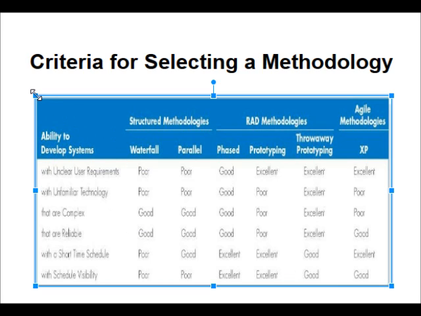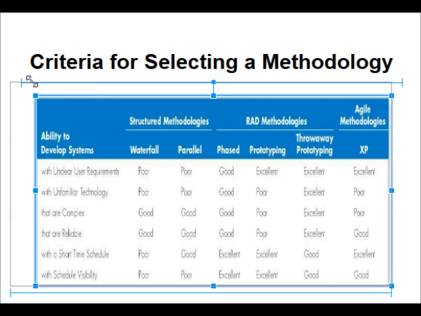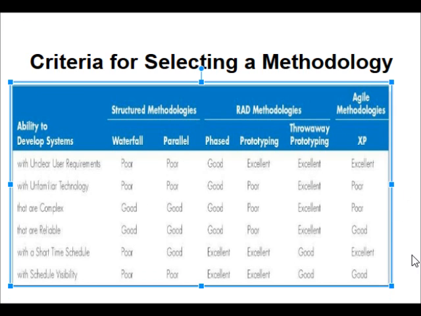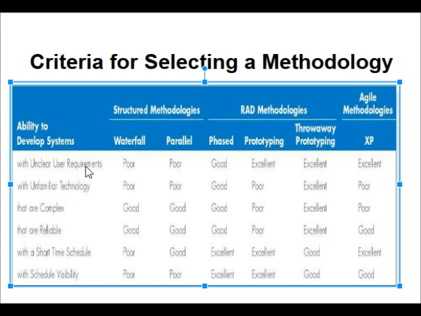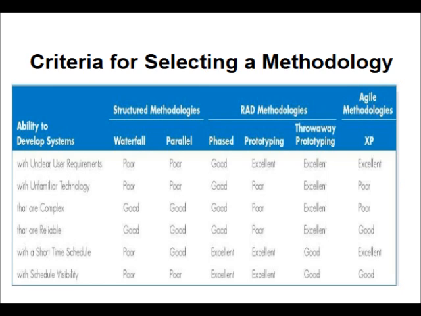So this is the rule. This is just a rough way to find out, based on your particular requirements or your project, which type of methodology to use to develop a system.